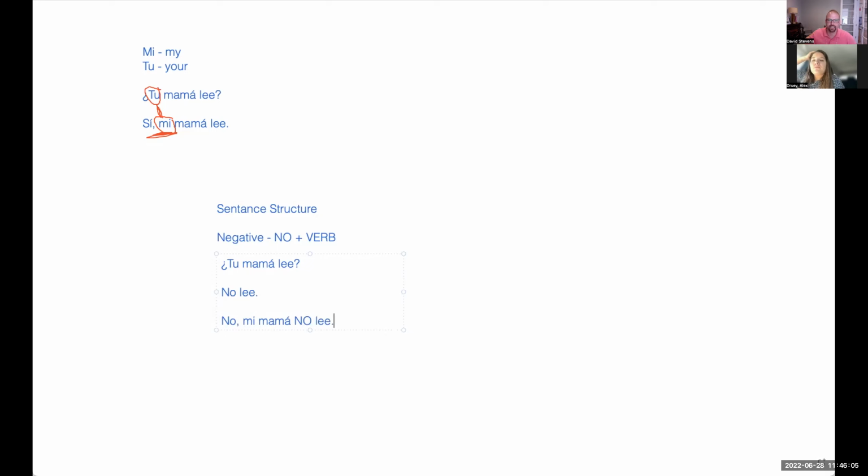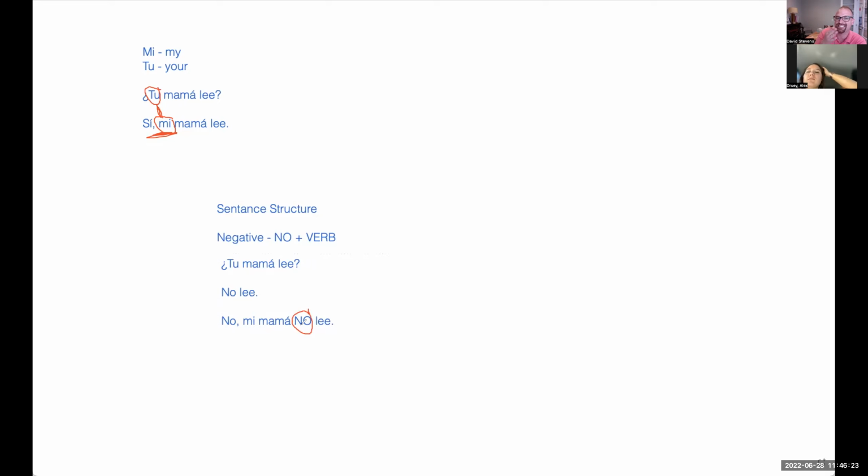Right? So I'm just highlighting this in an extra big letter, so that we make sure that conversationally, if we think about it in English, right? Does your mom read? I would say, no, my mom doesn't read. So we have two negative expressions in our sentence.